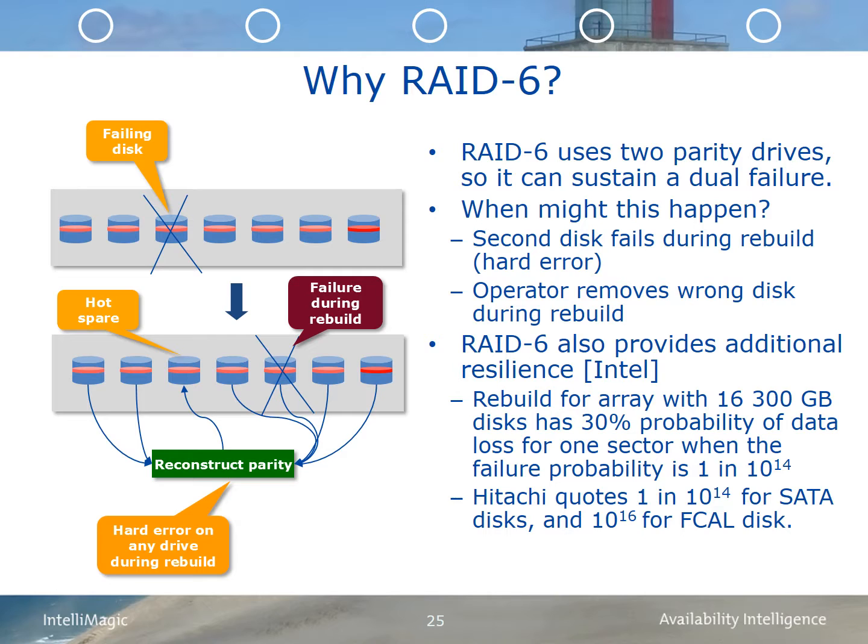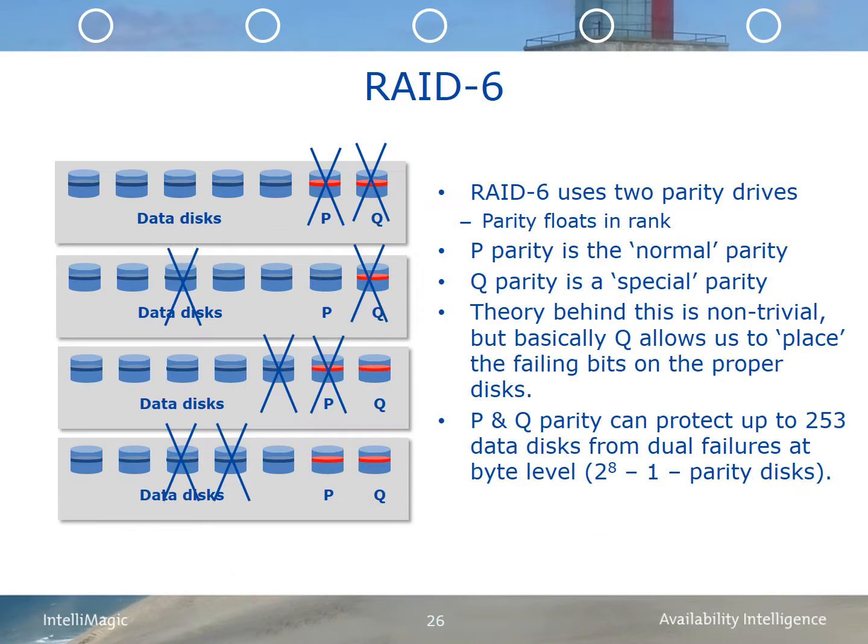And so what was happening is there was a pretty big time period when disk drives were exposed. So the idea of RAID 6 is to be able to perform RAID rebuilds and have the resiliency required to sustain 2 drive failures.